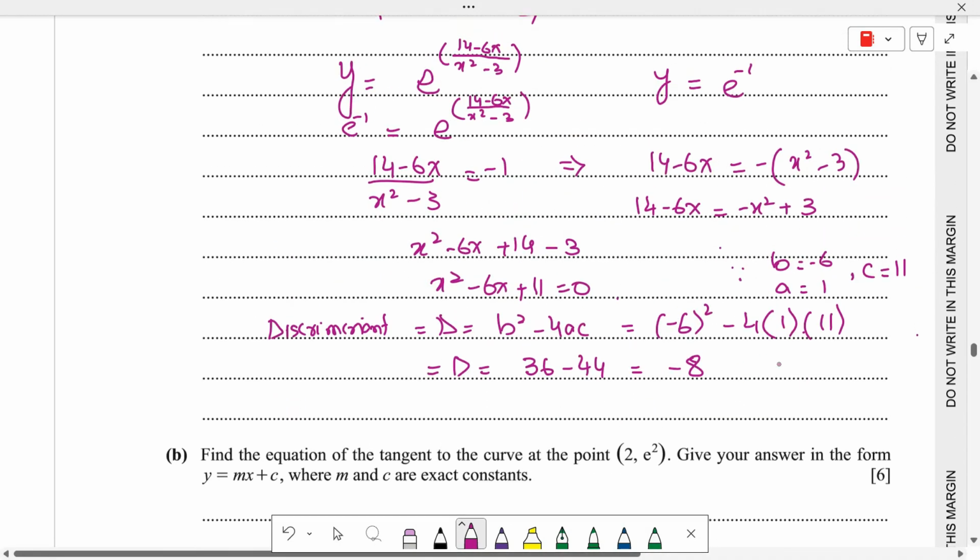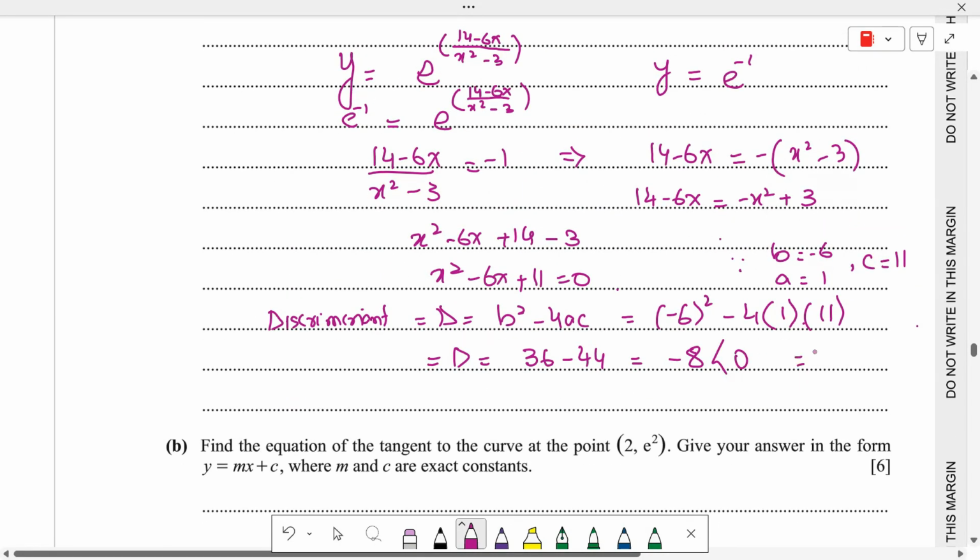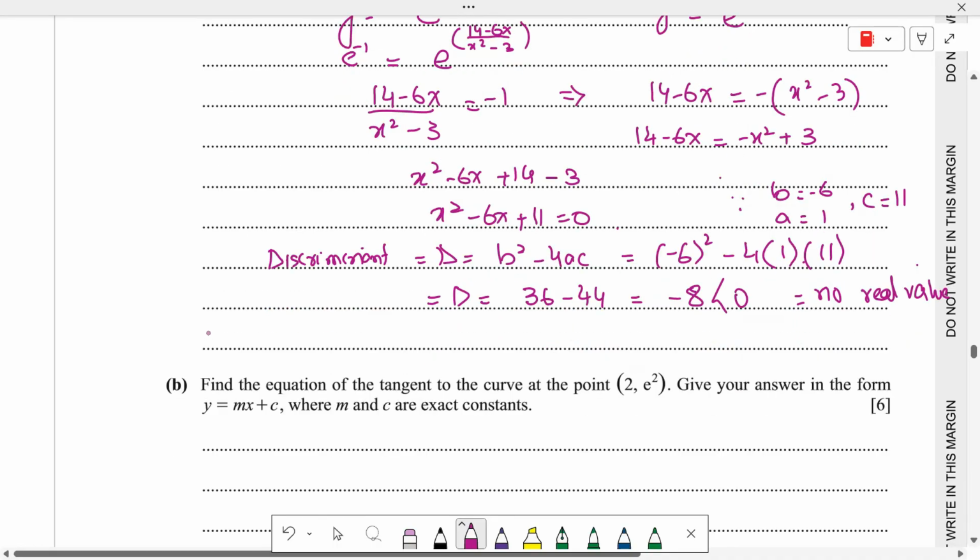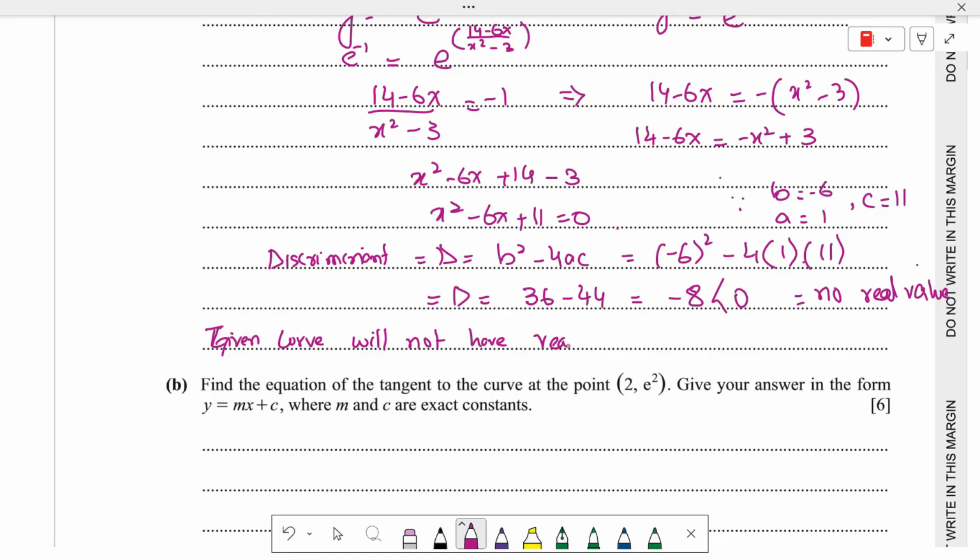Okay, the discriminant is less than 0, so no real value. So we can say that the given curve will not have real values for the y coordinate equal to e to the power of negative 1.